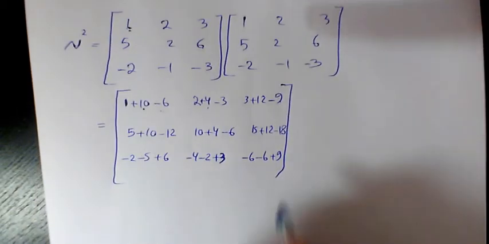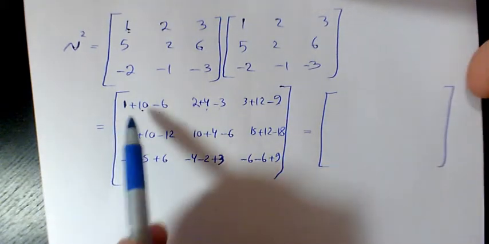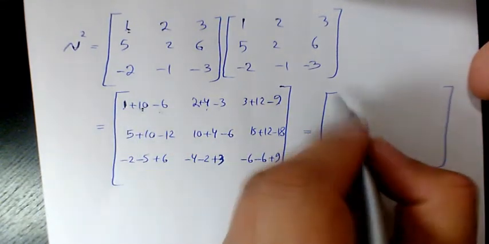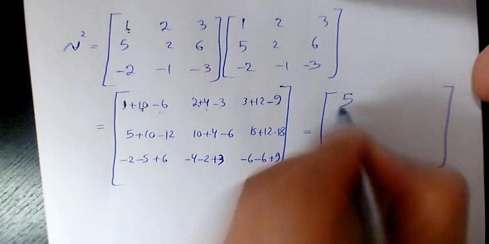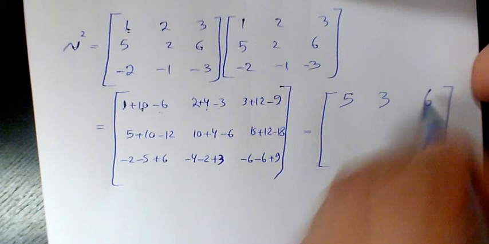Now what we can do is simplify it. 11 minus 6 is going to be 5; 6 minus 3, 3; 15 minus 9, 6.